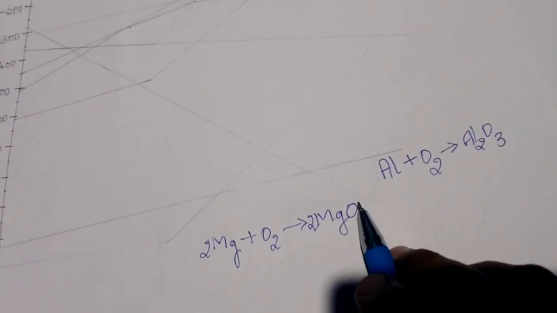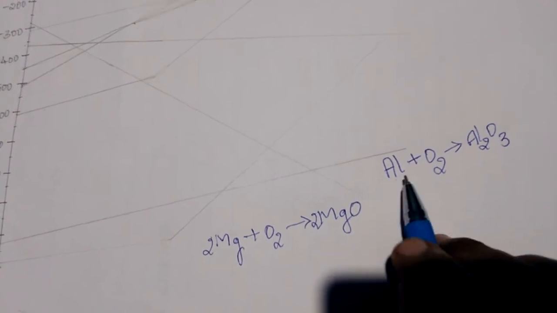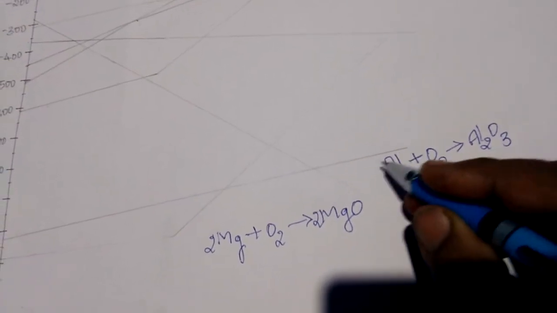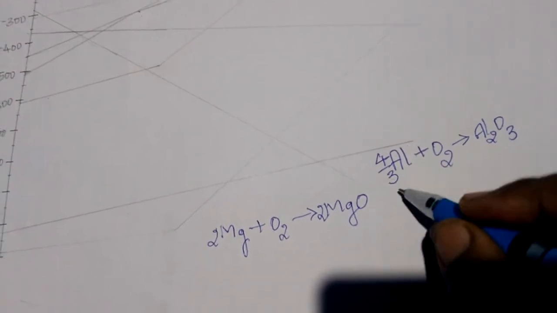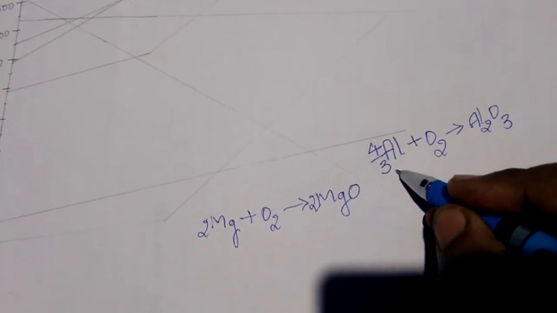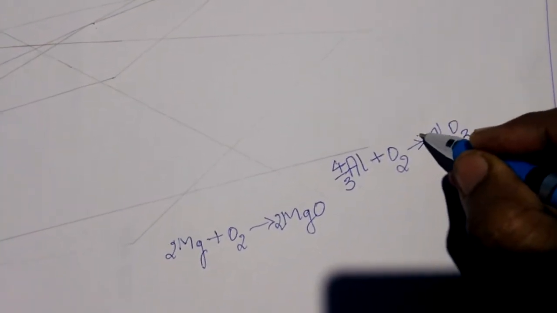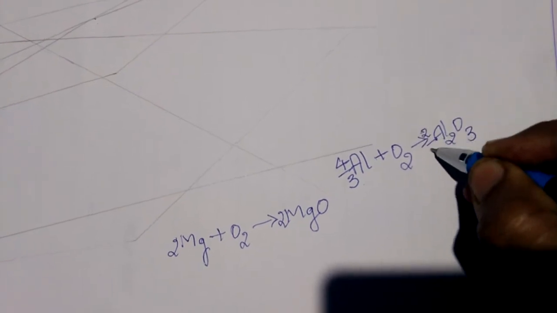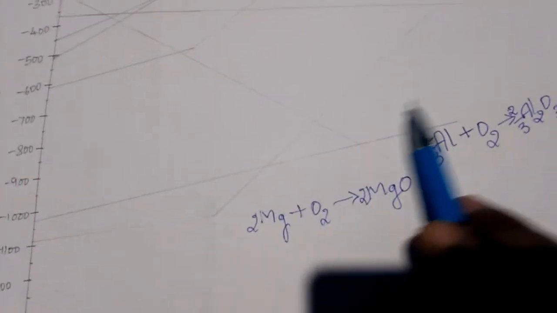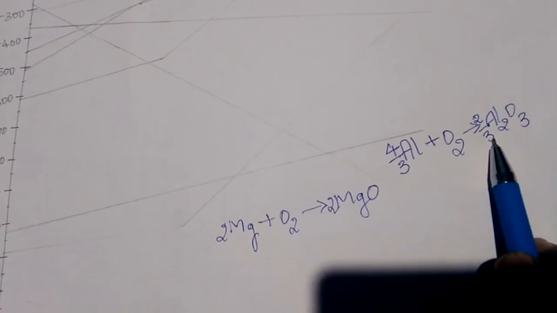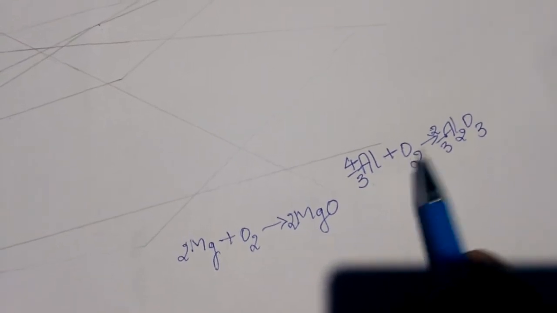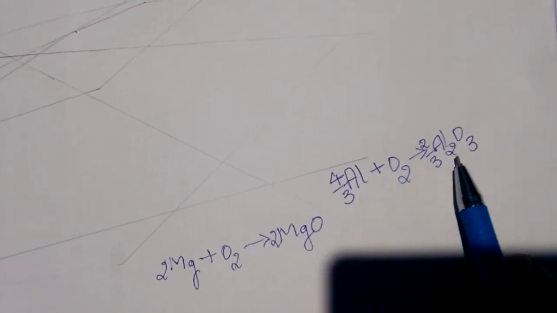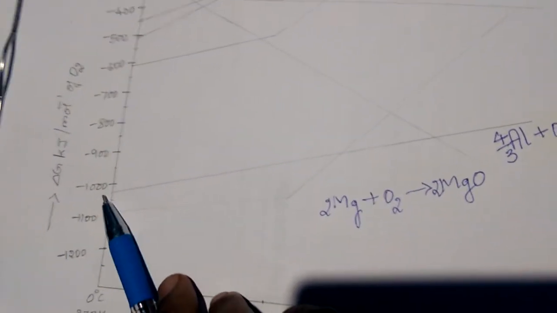This is for the consumption of 1 mole of oxygen, so balance the equation only for 1 mole of oxygen: 4/3 of aluminium and oxygen giving 2/3 moles of aluminium oxide. That is, for the consumption of 1 mole of oxygen to form aluminium oxide. So this is the line.